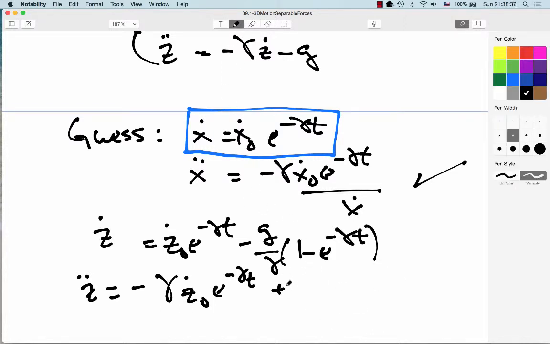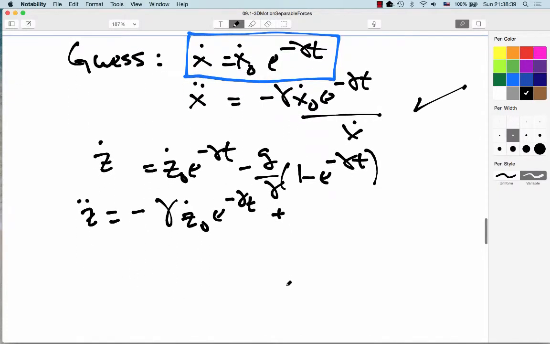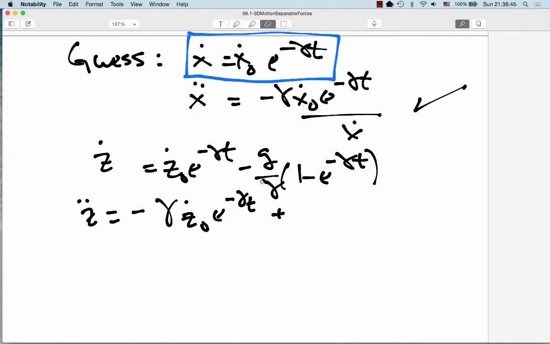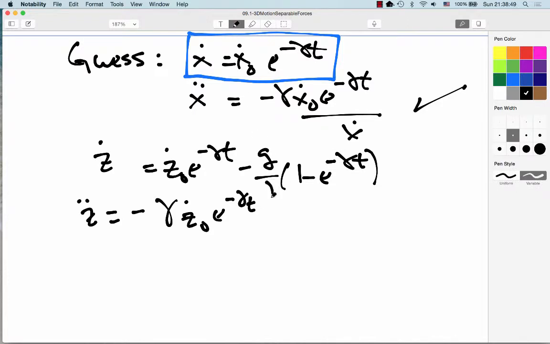Let's try differentiating again. The first term goes away, the second term brings down this minus, which is already a plus. Differentiating is going to bring down another minus. So we'll have minus g over gamma, then the derivative is going to bring me a gamma, e to the minus gamma t, cancel, cancel.